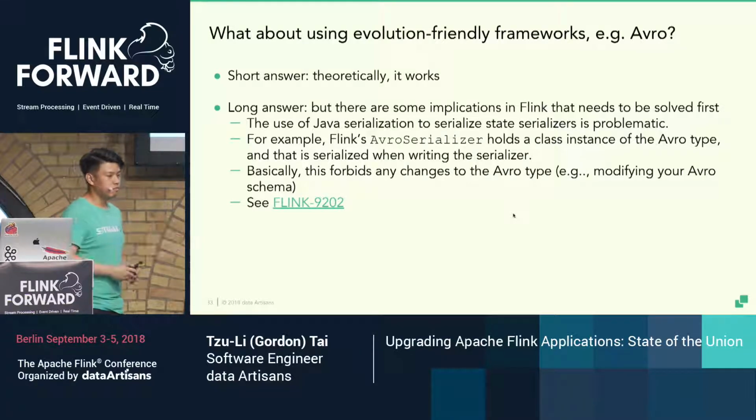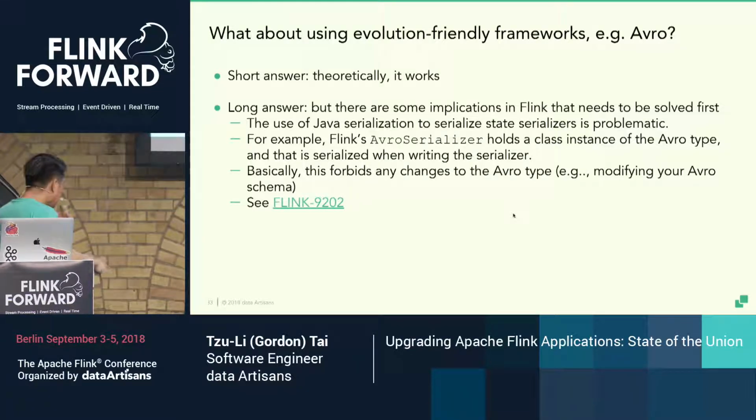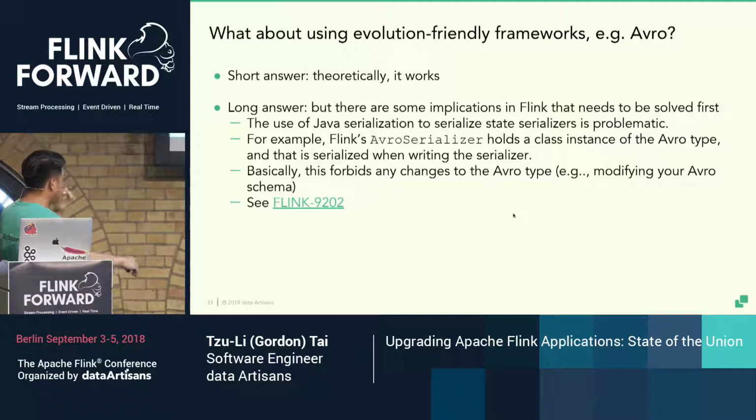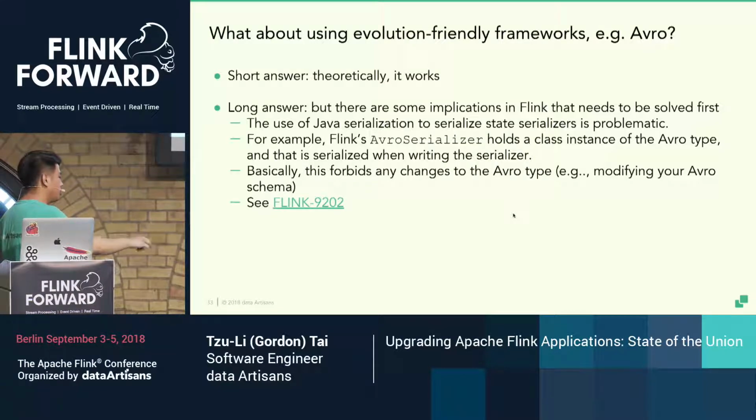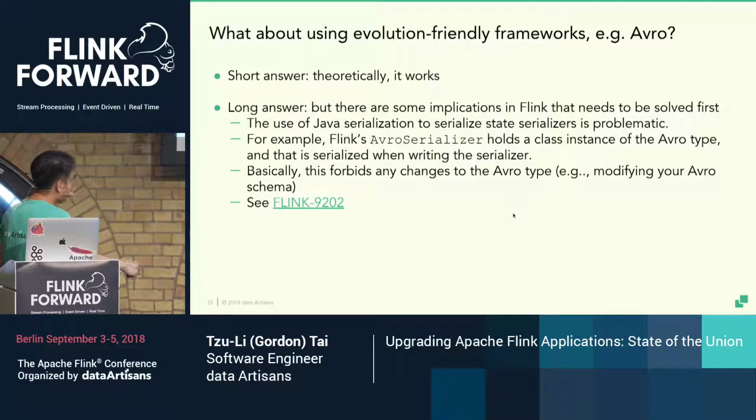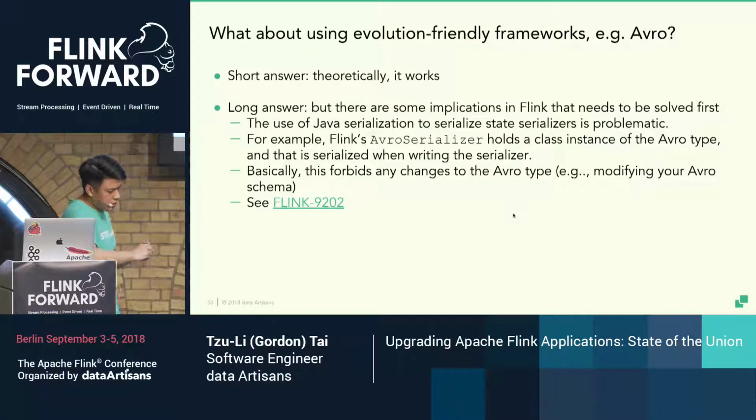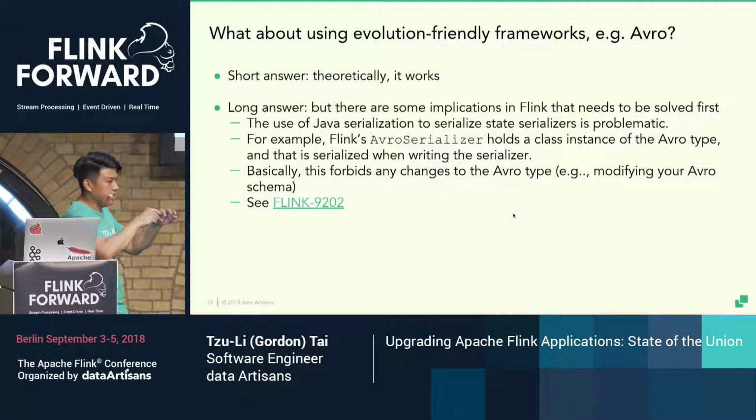The main problem right now, if you're really into the details, is that, as you remember, we use Java serialization to write state serializers into the save point. For example, to be very specific, Flink's Avro serializer currently holds a field, a class instance of the Avro type that it is serializing.